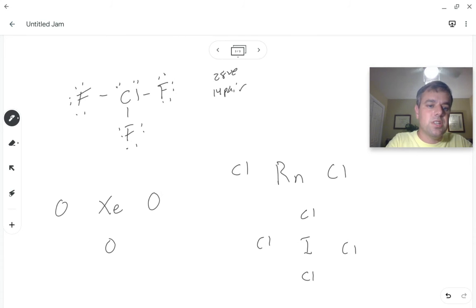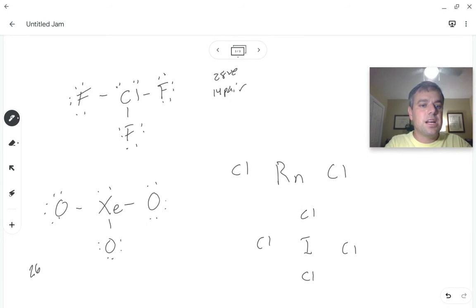Okay, so for the xenon trioxide, xenon has 8 electrons, plus each of our oxygens has 6. So that's going to give us 26 electrons, or 13 pairs. So 1, 2, 3, 4, 5, 6, 7, 8, 9, 10, 11, 12, 13.